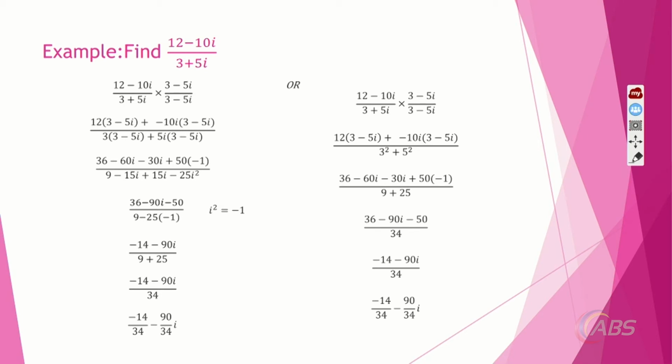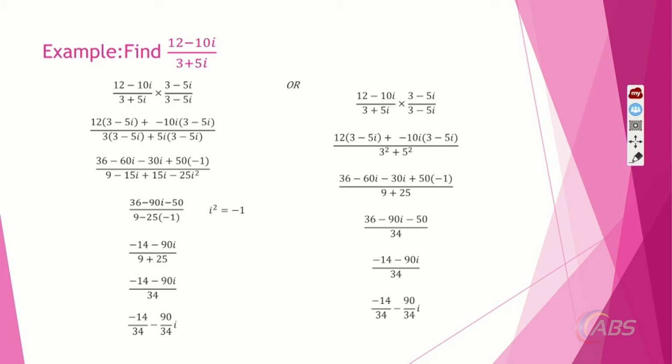To separate, all we need to do is separate the terms in the numerator and rewrite them divided by the denominator. So the real part becomes negative 14 divided by 34, and the imaginary part becomes 90 divided by 34i. So the final answer will be negative 14 divided by 34 minus 90 over 34i.